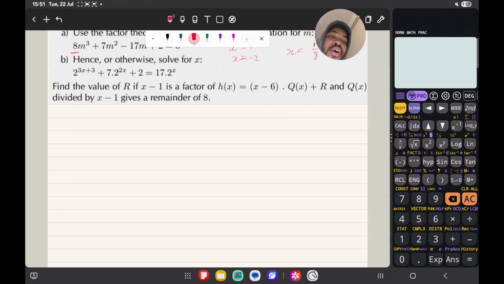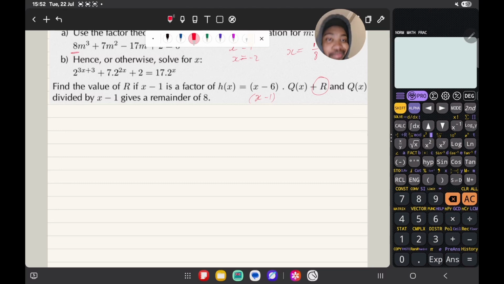Okay. My problem has been resolved. Look, if h(x) was divided by x minus 1, r would have been 0. R must be 0. But now they didn't divide by x minus 1, they divided by x minus 6.